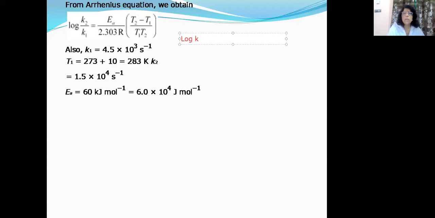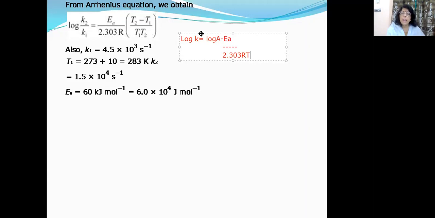Log K is equal to log A, going to base 10, minus EA over 2.303 RT.